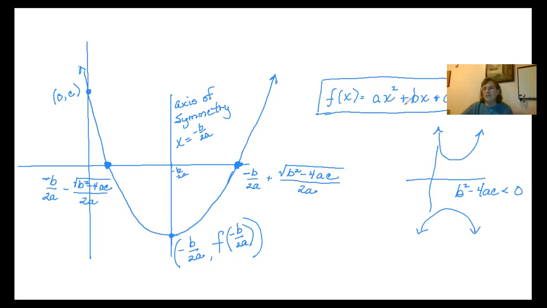The easier way, instead of putting it in the standard form to find the vertex, is to always use this to find your vertex, and then take this and plug that into where the h and the k go.